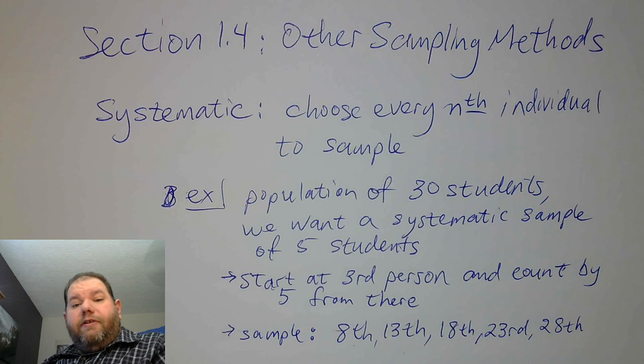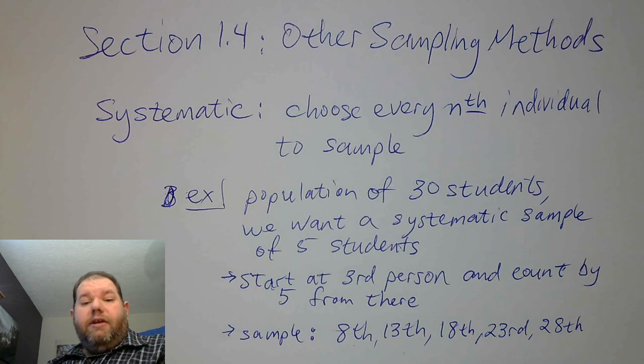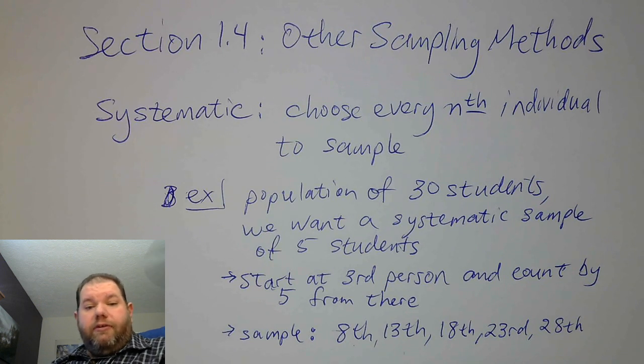So the giveaway that a sampling method is systematic is that we take every so often, we pick every 10th individual, every 5th individual, just whatever the size of the population and the sample size needed dictates. If we wanted a sample of 10 students out of 30, we would probably count by 3s.